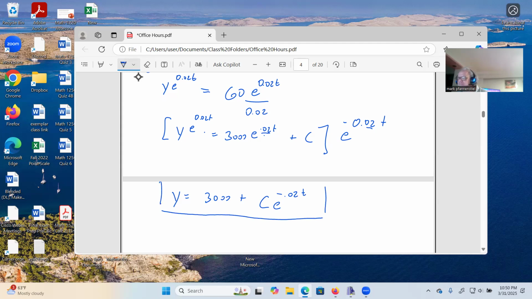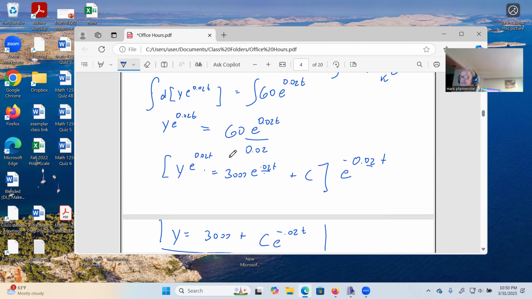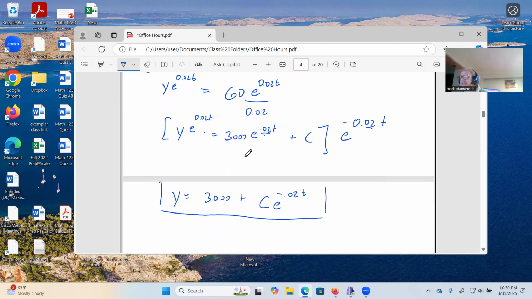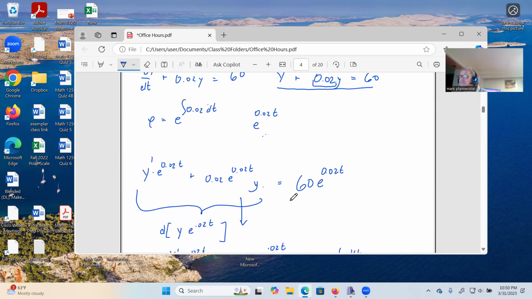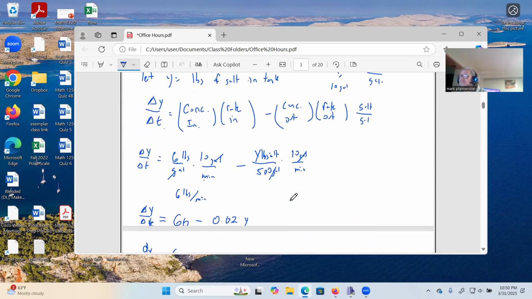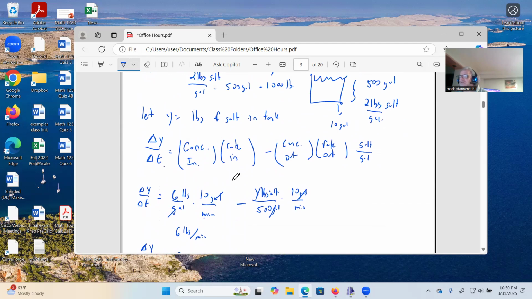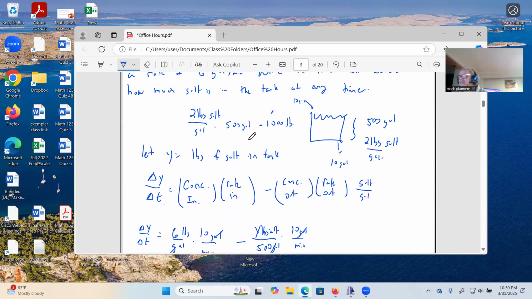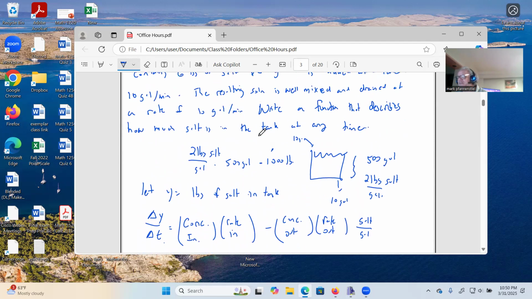Now, you're thinking, they gave us a lot of information at the beginning of the problem, and we haven't used it yet. This is where we're going to use it. After we have our differential equation solved, we can go back up to the problem description. y is equal to the pounds of salt in the tank. They phrase it like we're going to need a concentration, but we don't.